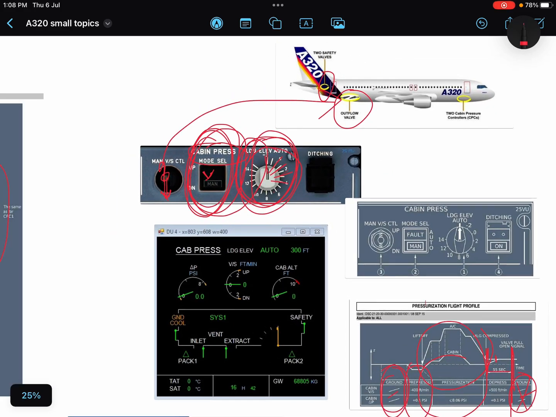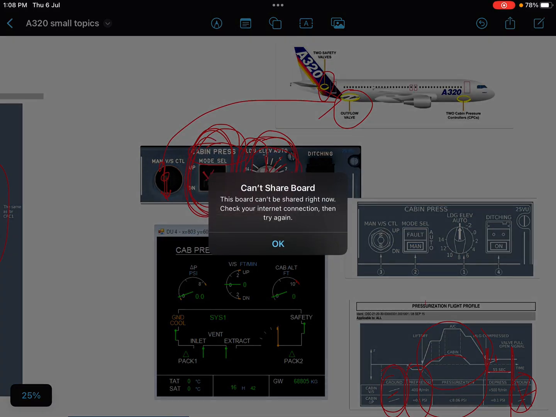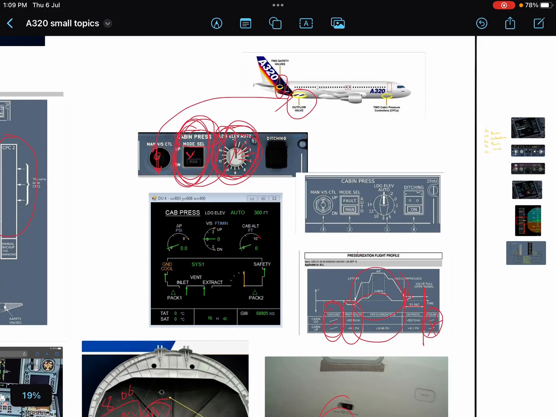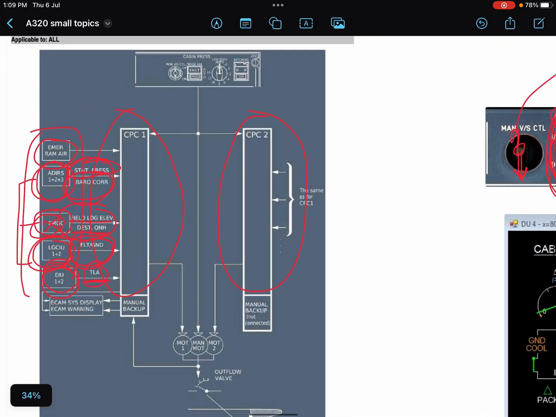Now I will give you some information about the system transfer of CPCs. During normal operations, one system is active, another one is on standby mode. Either one is working, the other will be on standby. If one fails, then the other one will automatically take over. If the crew suspects any system to be malfunctioning, they can transfer from one CPC to another CPC.